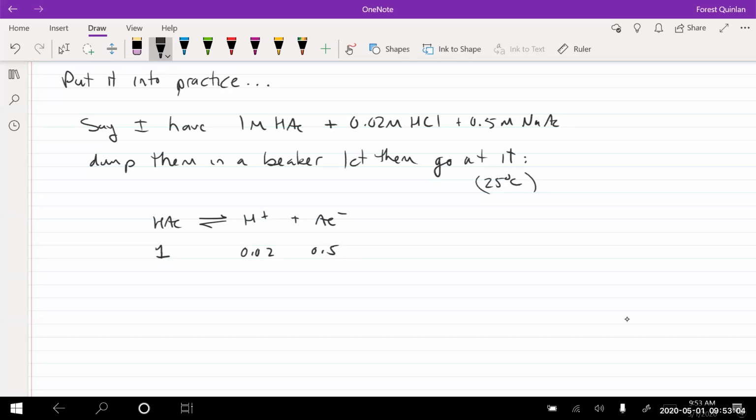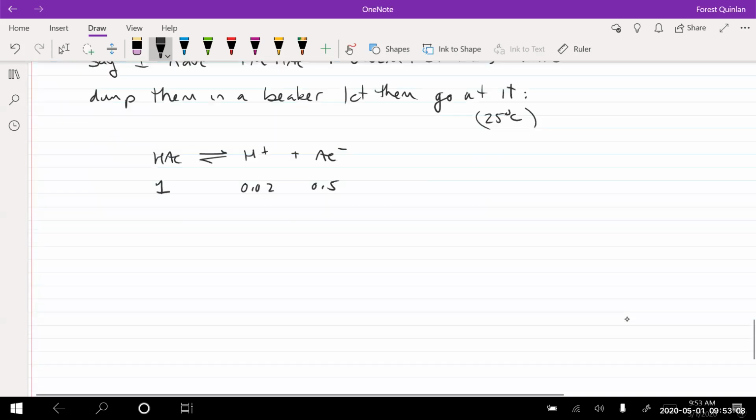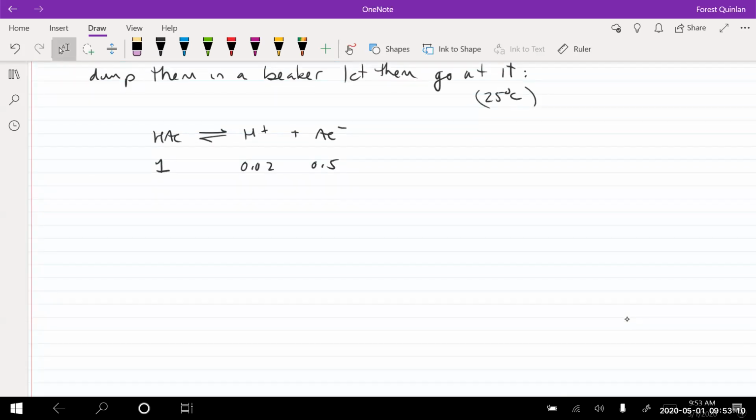Now, normally, we used to solve this to actually figure out an equilibrium constant. We used to use this to get Keq.